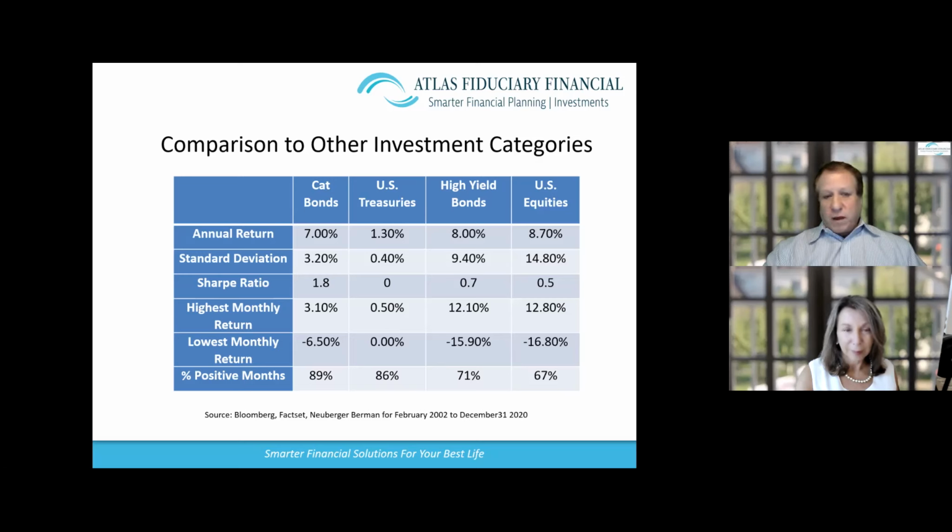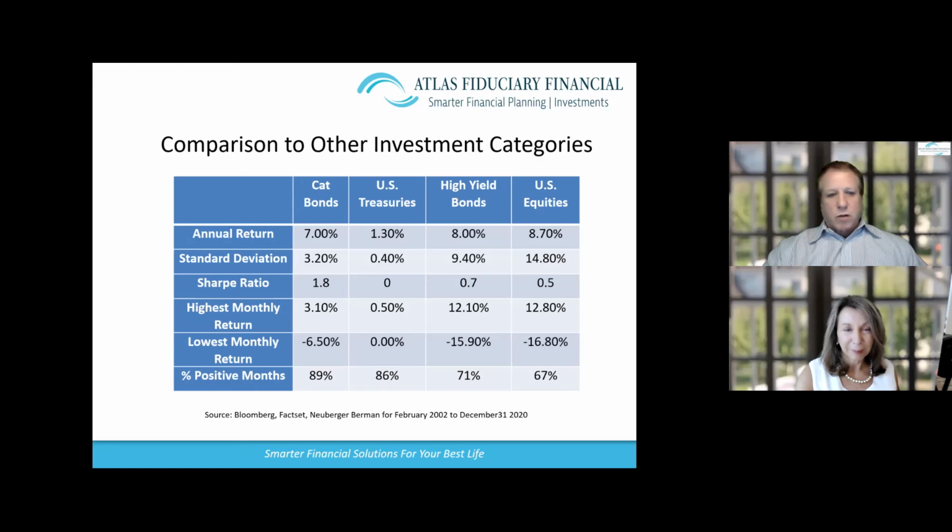But what's interesting is take a look at the standard deviation. Standard deviation is a measure of risk. It's a measure of how much your return can vary each year from the average. And so look at the difference. High yield bonds, the amount of risk is almost 3 times that of catastrophe bonds, which is stunning considering you're getting about 80% of the return on high yield bonds with cat bonds.